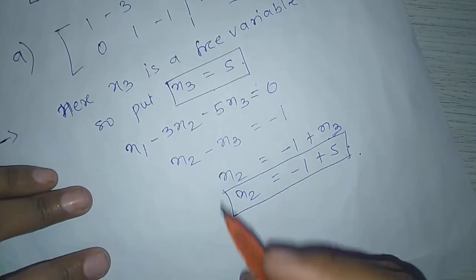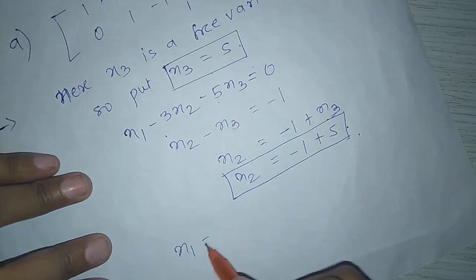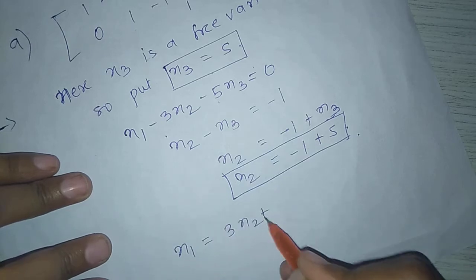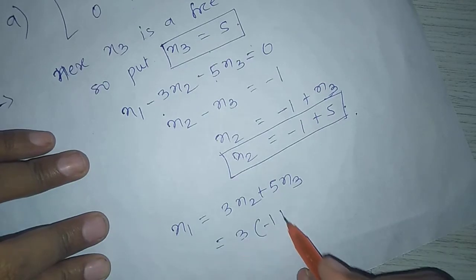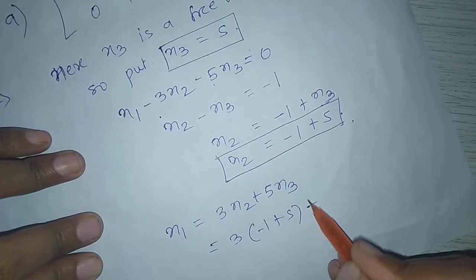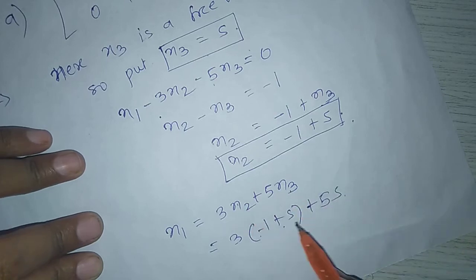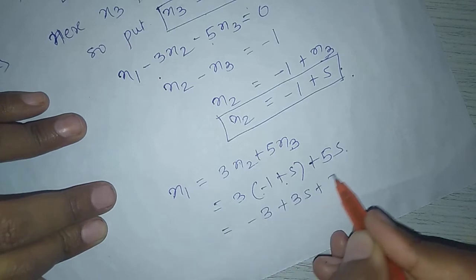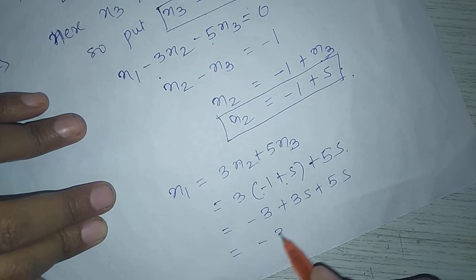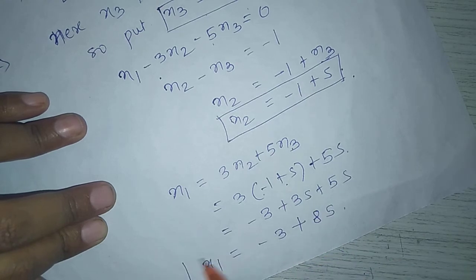Now to find the value of x1, we use this equation: x1 equal to 3x2 plus 5x3, which is equal to 3 times (minus 1 plus s) plus 5s, since x3 is s and x2 is minus 1 plus s, equal to minus 3 plus 3s plus 5s, equal to minus 3 plus 8s. So x1 equal to minus 3 plus 8s.